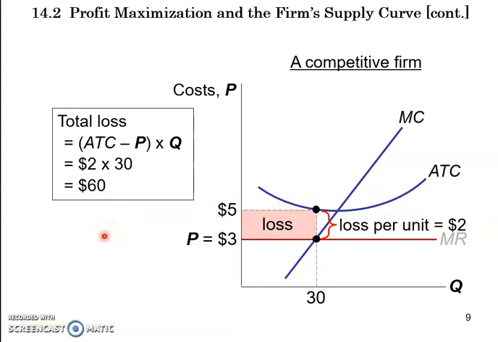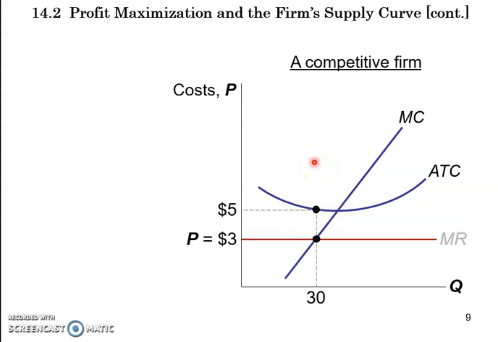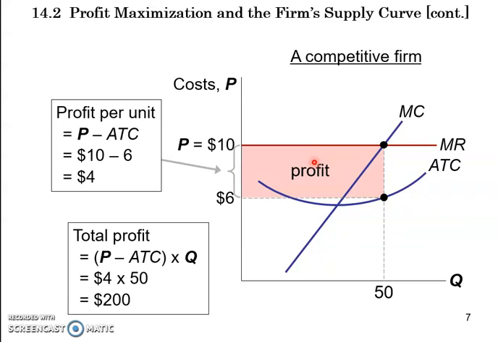And one thing we do want to bring to your attention is that here you find that the firm actually does not produce at the bottom of ATC, right? And on the previous one, you find the same thing. The firm does not choose to produce at the bottom of ATC.